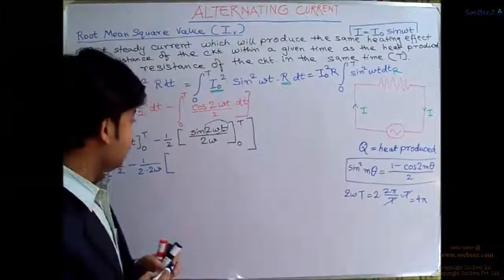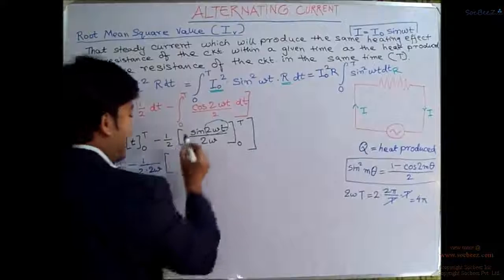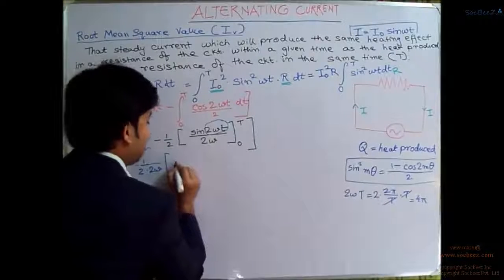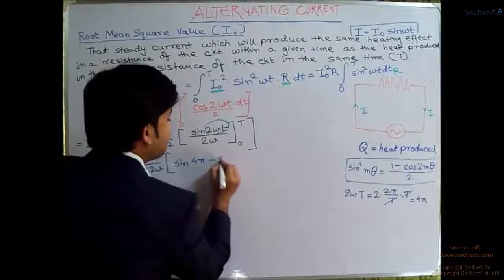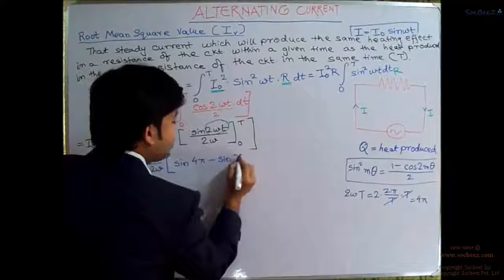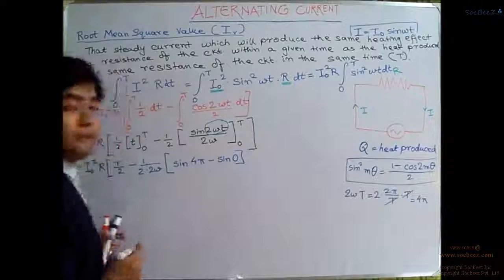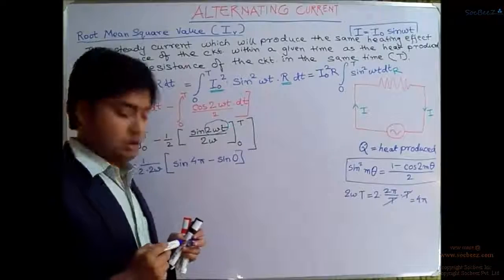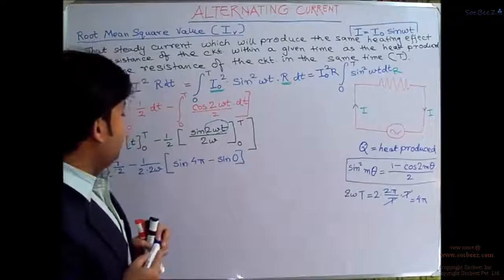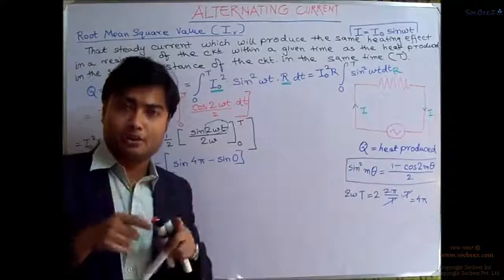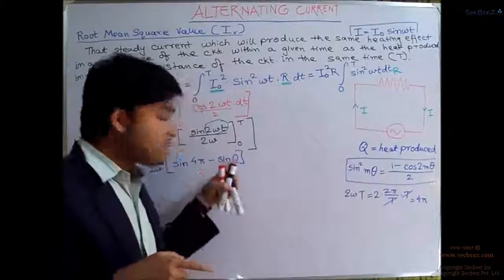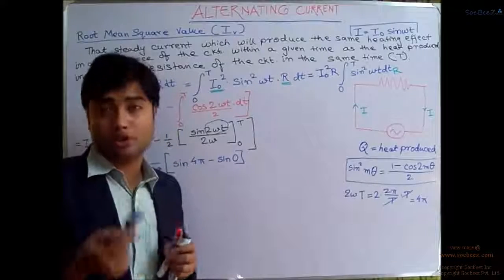The value will be equal to 4 pi, and we can write this as sine of 4 pi minus sine of 0. Now what is the value of sine 4 pi? It is equal to sine 0. And what is the value of sine 0? It is equal to 0.